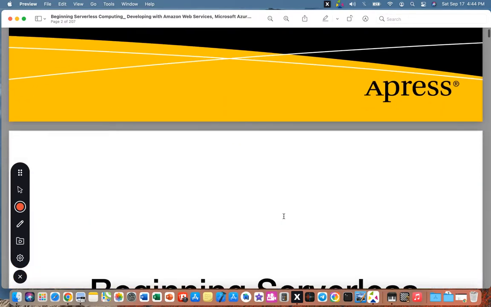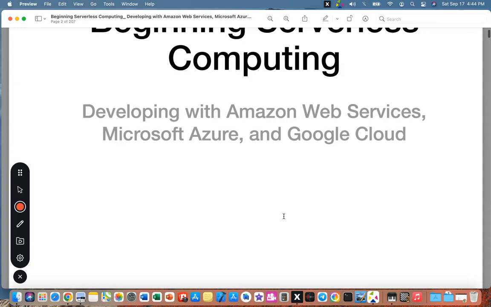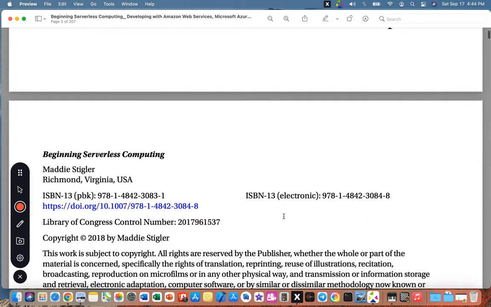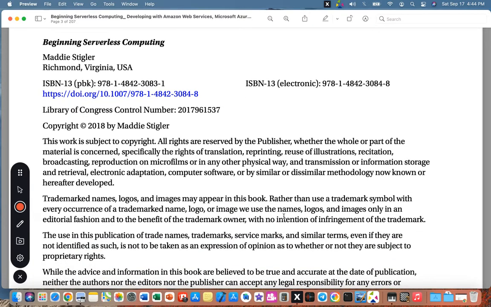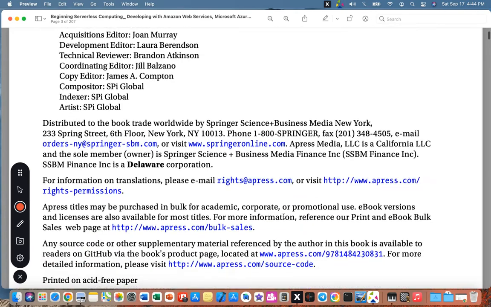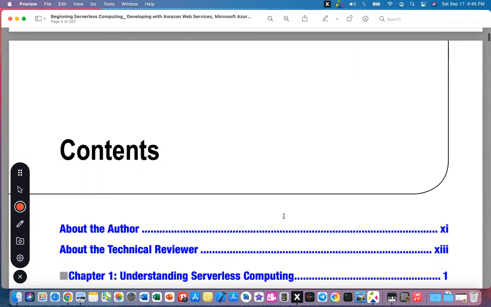Let's go through that. Basically, it was published in 2018. And let's go through that book really quick.